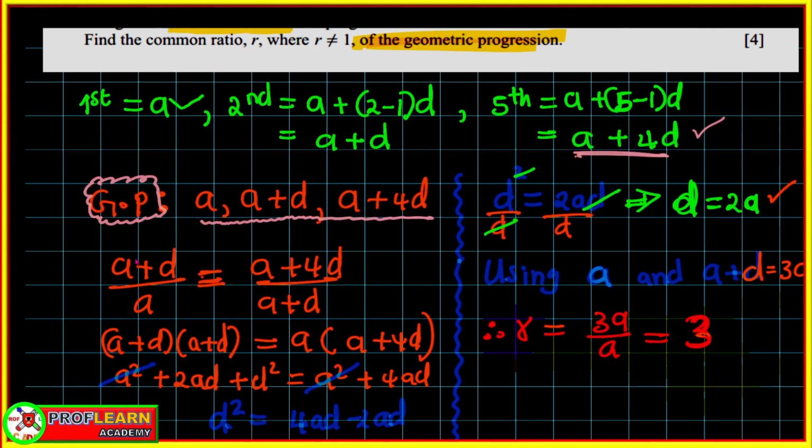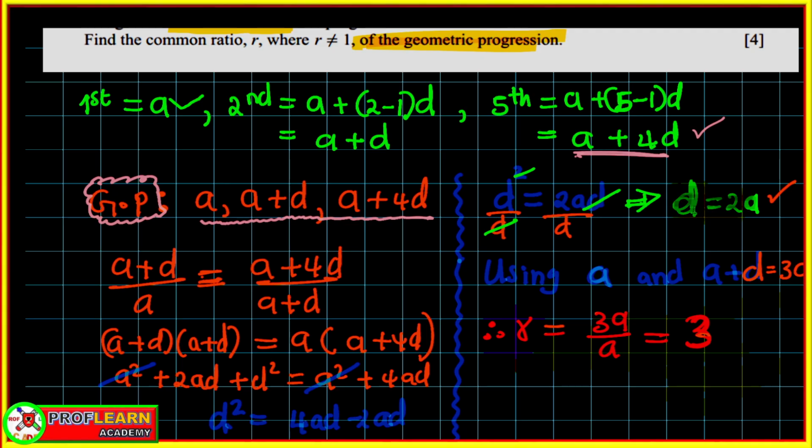So if you say a plus d over a is equal to a plus 4d over a plus d, then if you simplify this, putting the like terms together, we shall get d squared is equal to 4ad minus 2ad. So if you write your value of d in terms of a, we are going to have our equation well simplified at this point. So meaning that d is 2a.